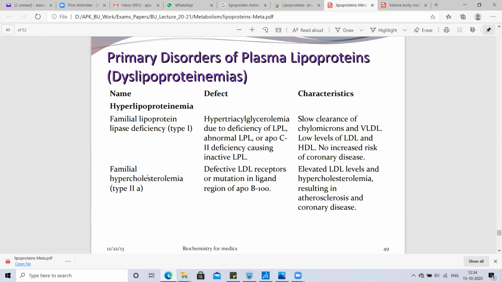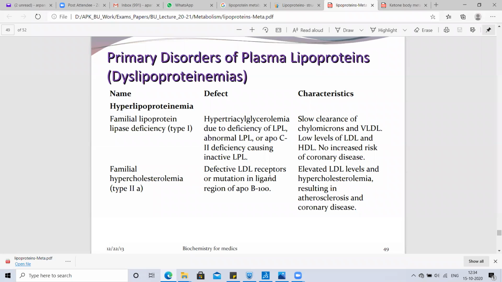Another type is familial hypercholesterolemia, type 2A disorder, which occurs due to defective LDL receptors or mutation in these receptors. If these receptors get mutated, then LDL will not be transported, because it is always transported through receptor mediated endocytosis.